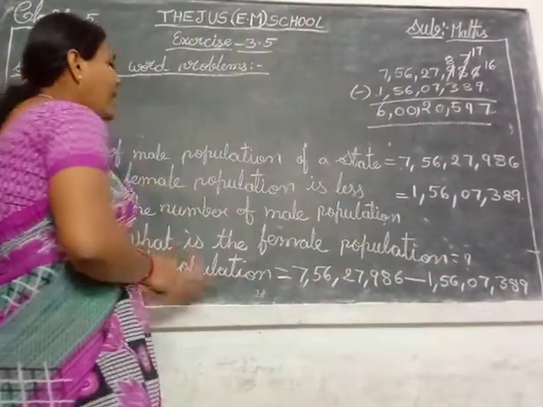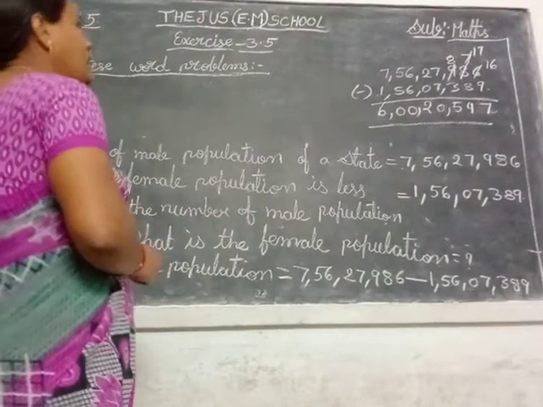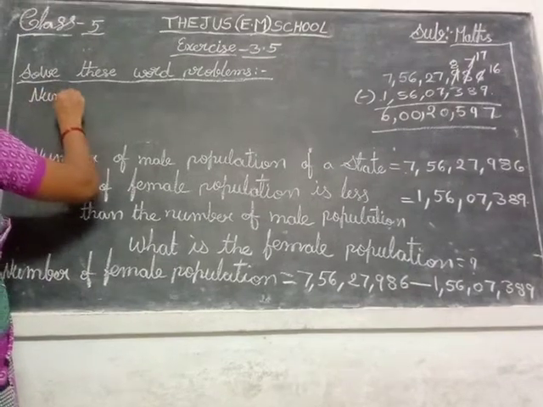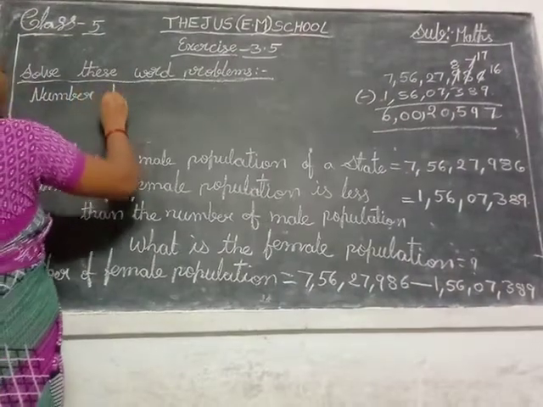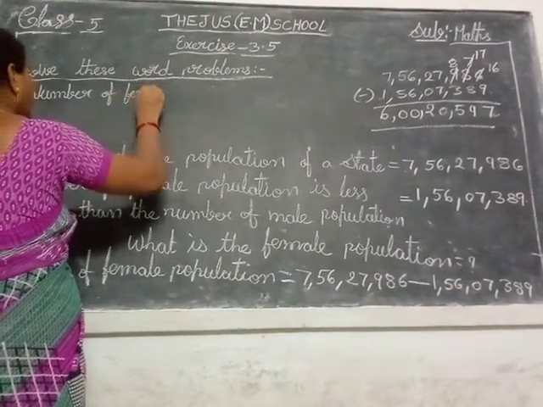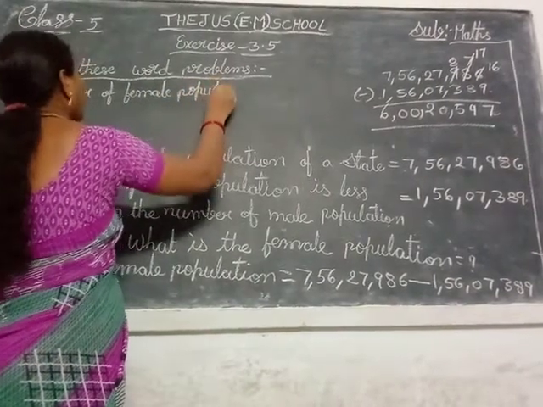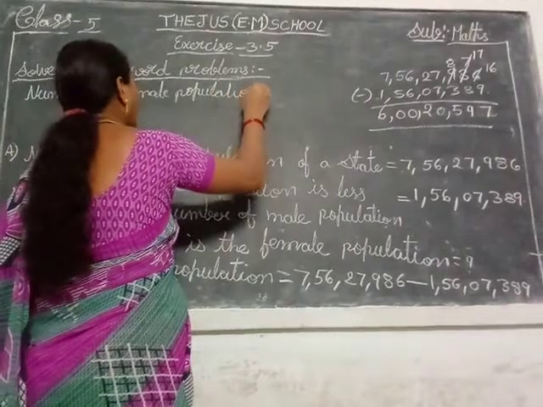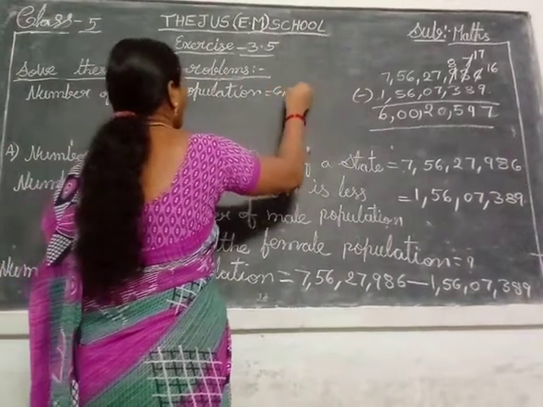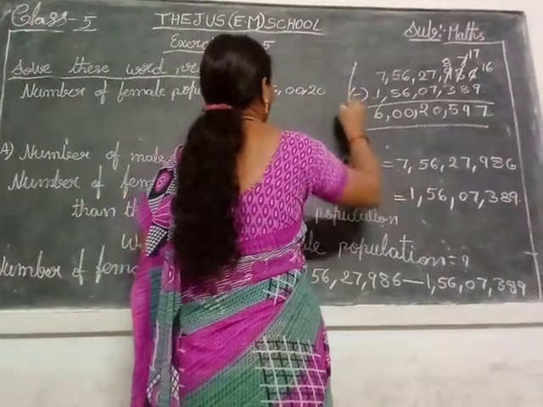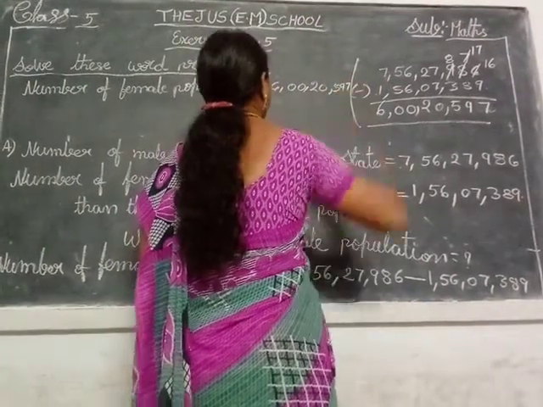So number of female population is 6 crores 20,597.